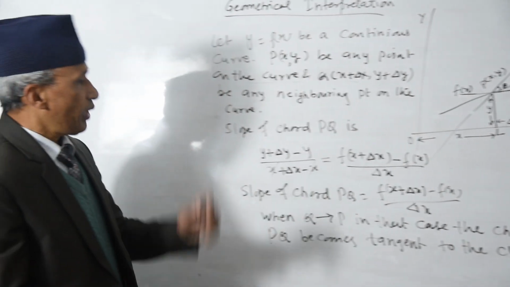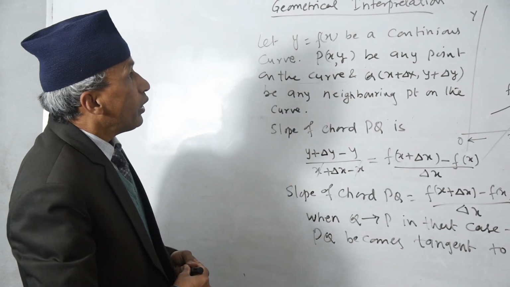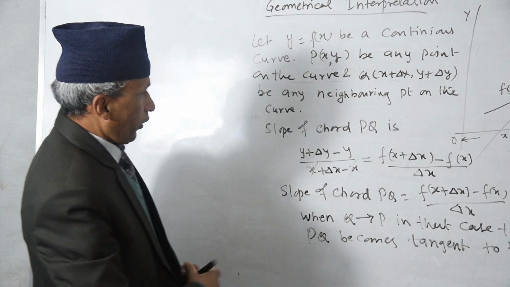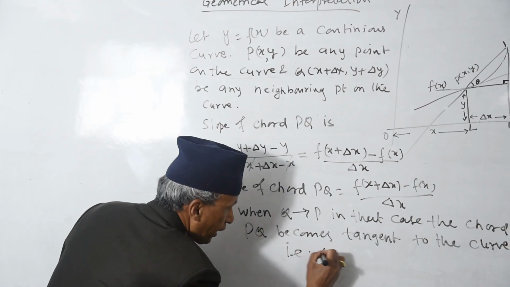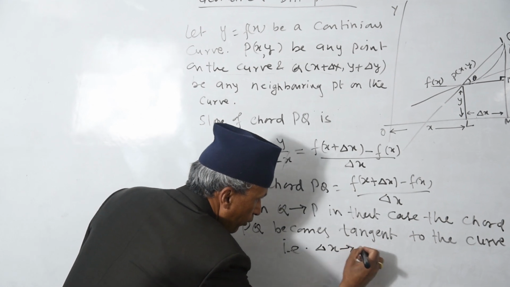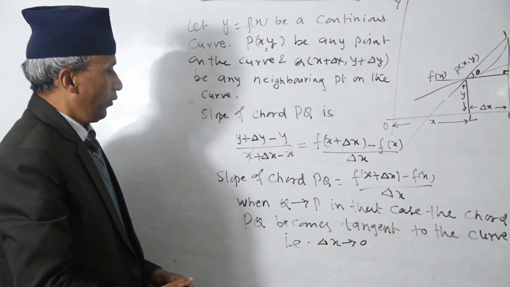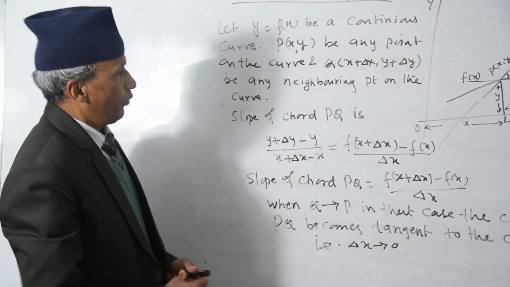Okay, it becomes tangent to the curve. So in that case, delta x tends to 0. Delta x tends to 0.